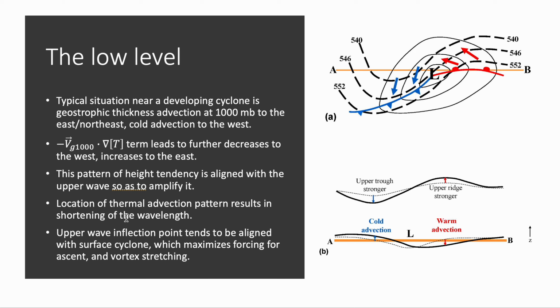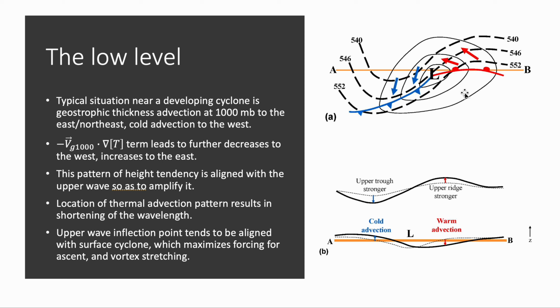Now, why is this relevant? Well, we can consider a situation near a developing cyclone, and we have a surface low over here. These dashed lines are 500 millibar geopotential heights. This blue over here is a cold front, and this over here is a warm front, okay? So there's cold air over here, warm air over here.